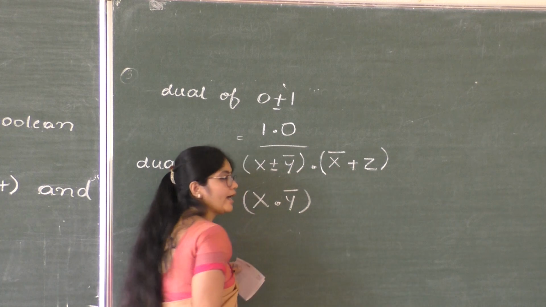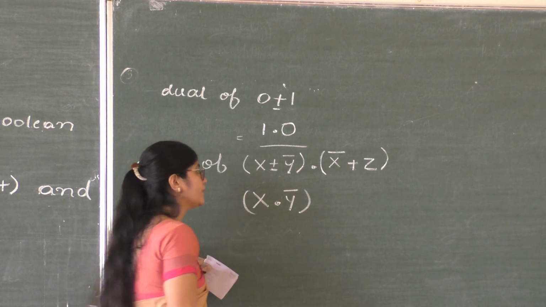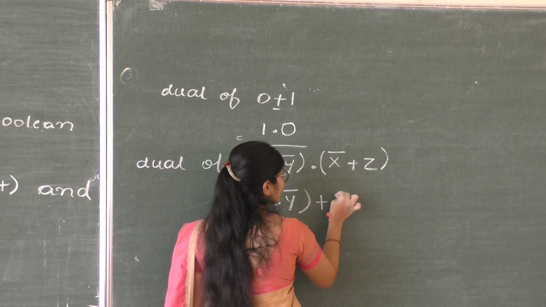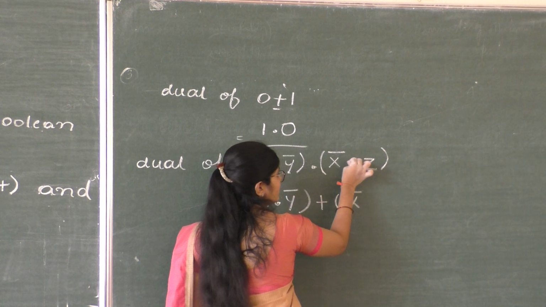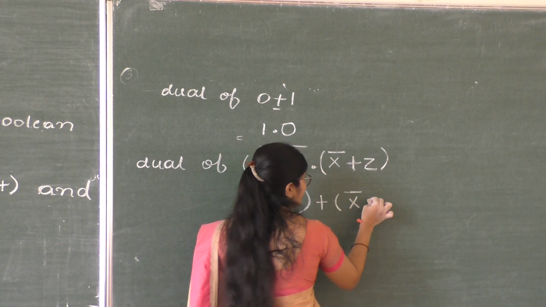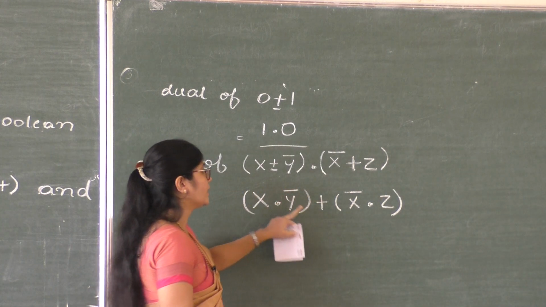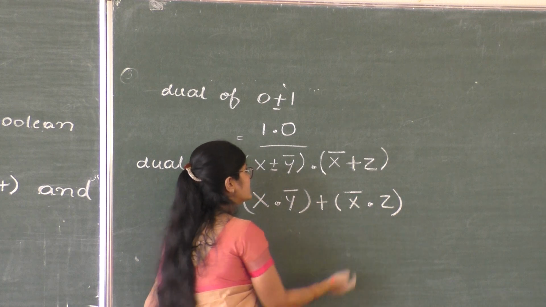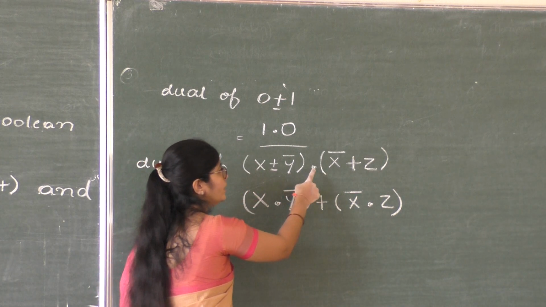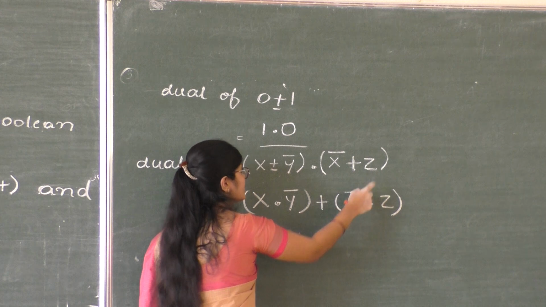Here you can see AND operator, change AND operator to OR operator, next x bar. So this is OR operator, change it to AND operator z. So x dot y bar plus x bar dot z is the dual of x plus y bar dot x bar plus z.